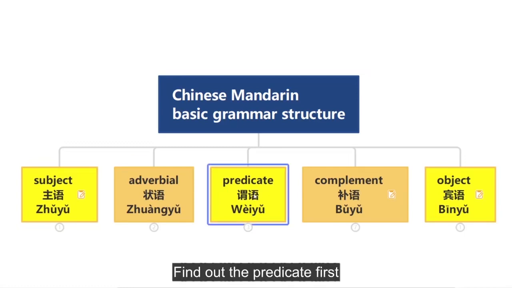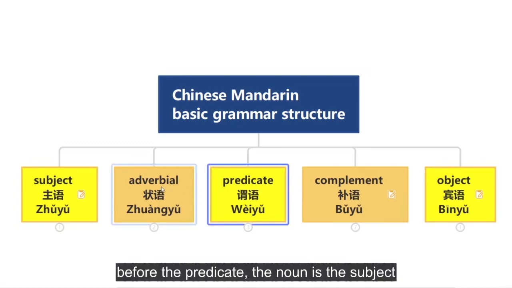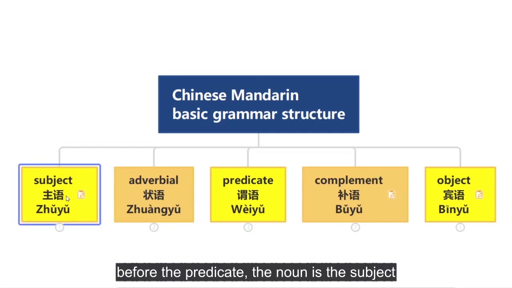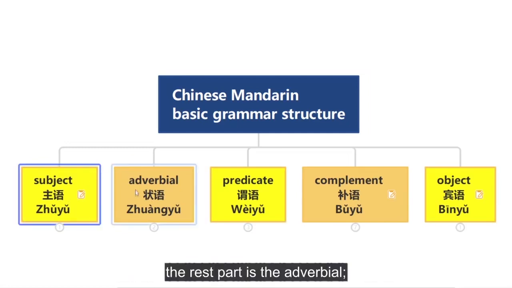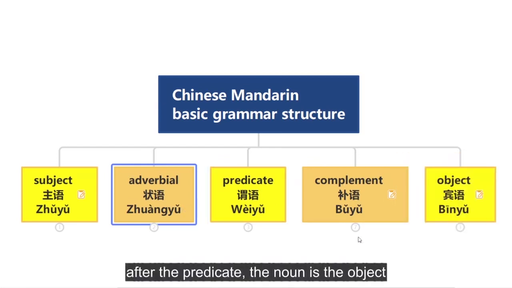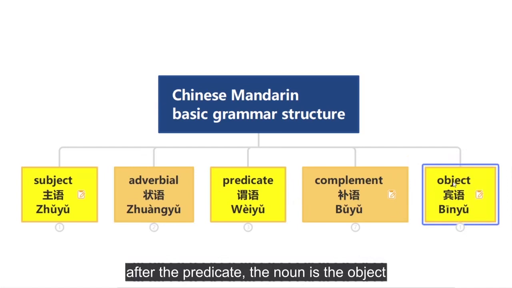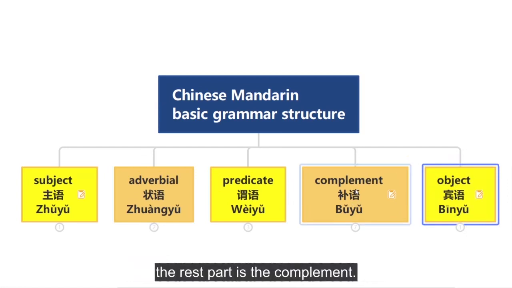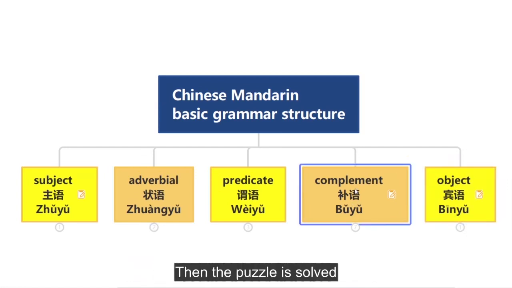Find out the predicate first. Before the predicate, the noun is the subject. The rest part is the adverbial. After the predicate, the noun is the object. The rest part is the complement. Then the puzzle is solved.